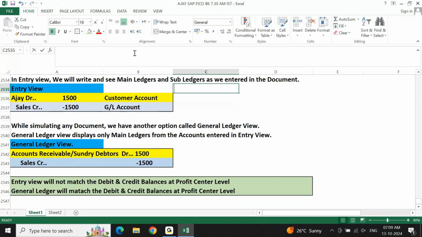If I put a column called profit center here. Now, in the previous statement we've listed something called profit center accounting or document splitting. Is it applicable for all the accounts or only for the main ledger account?